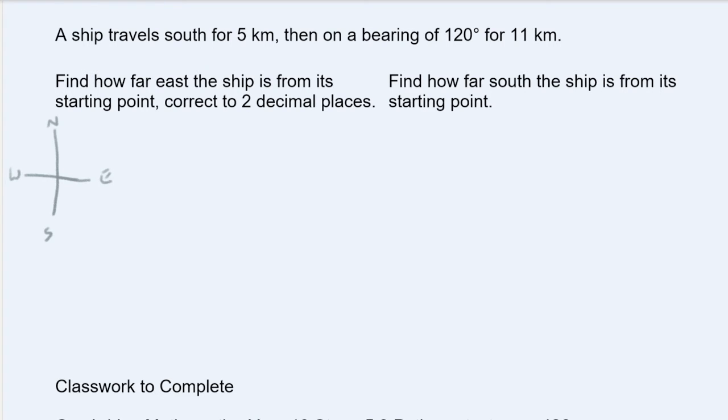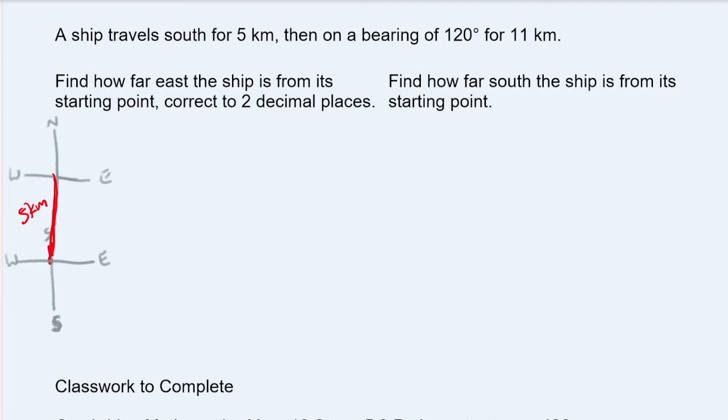Always better if you use a ruler, by the way. Now, we know that he's going to travel south 5 kilometers. So in red, we're going to go down this way 5 kilometers. So let's put in a new dot. We're still east-west here and still south down the bottom.